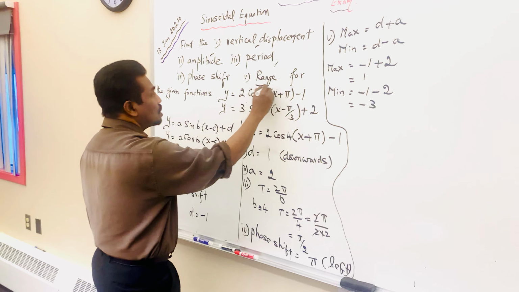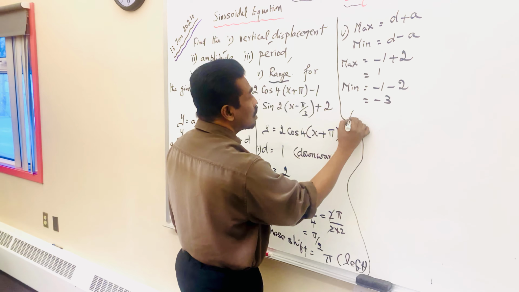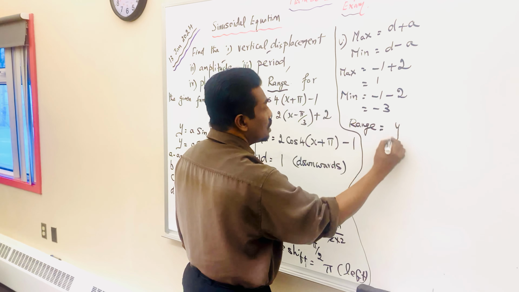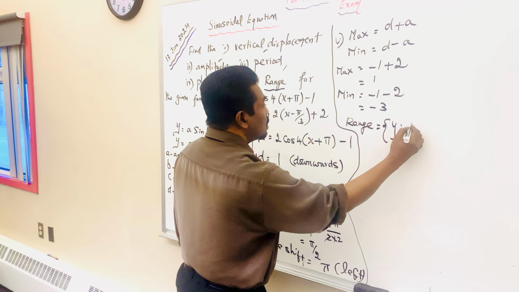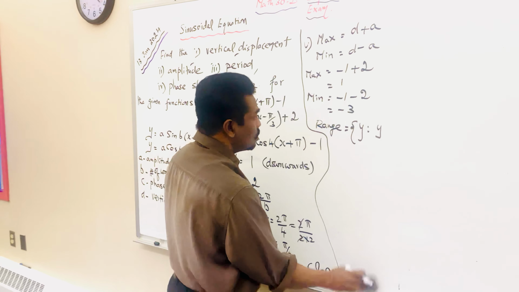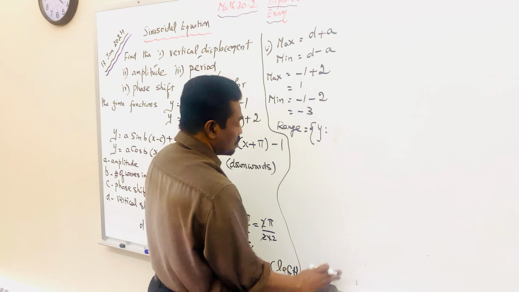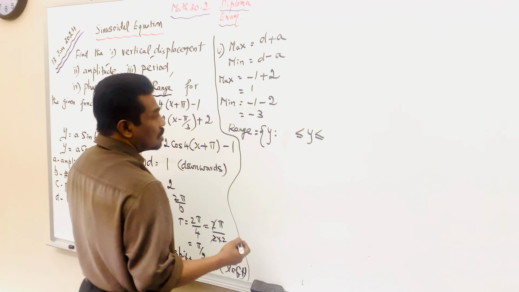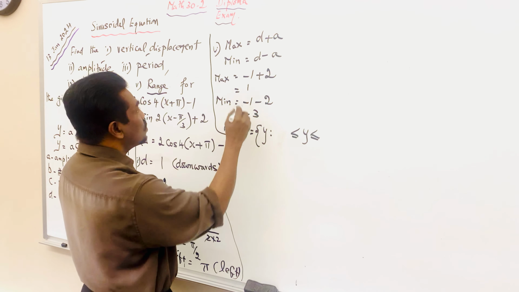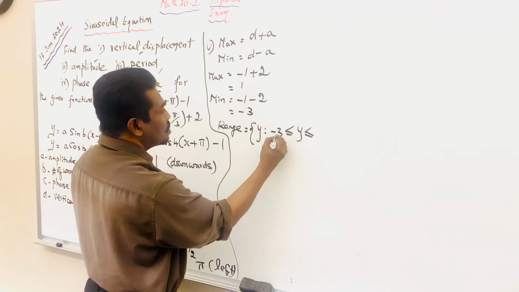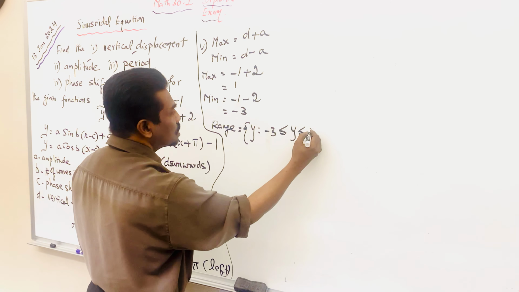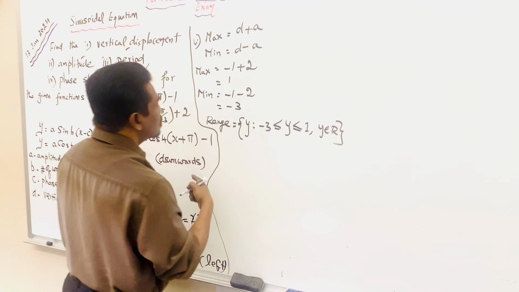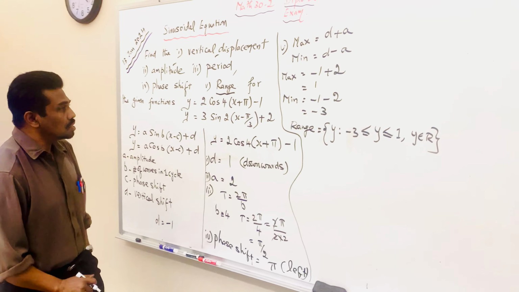So the range will be equal to Y such that the lowest value is -3 and the highest value is 1, where Y is an element of the real values. So this is the range.